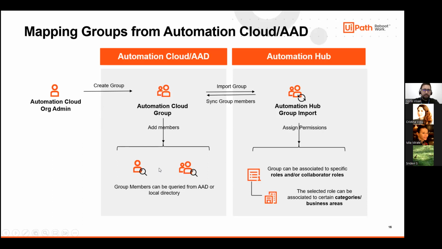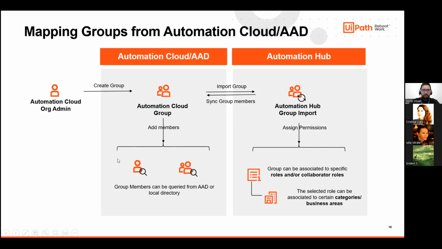So you can have a separation directly here. Let's say you have business users for a certain opco. You can define that at the Automation Cloud group level, and then you can have group members from that opco, which are local users, or you can have them from Azure Active Directory. Same you can do for other departments and so on.